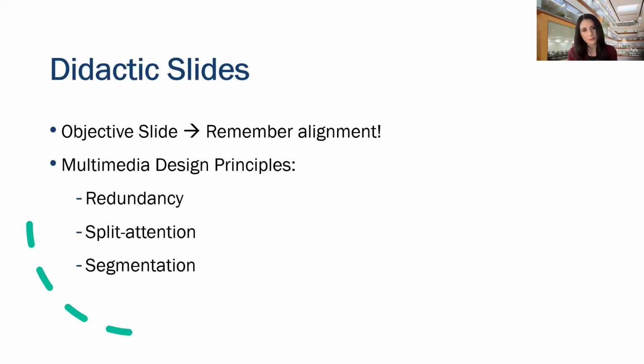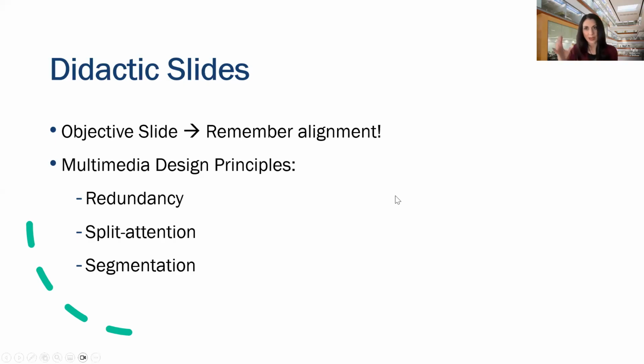When you think about what should be included when you're giving a talk, or a lecture, or having a meeting or a session, always start with that objective slide and make sure that you're thinking about that alignment, right? You want to be thinking about, what is it that I want our learners to be able to do?